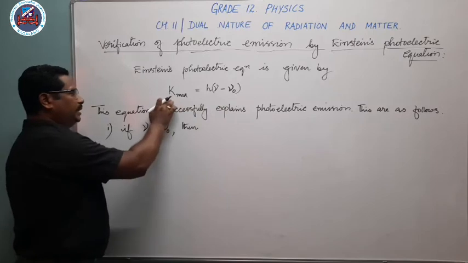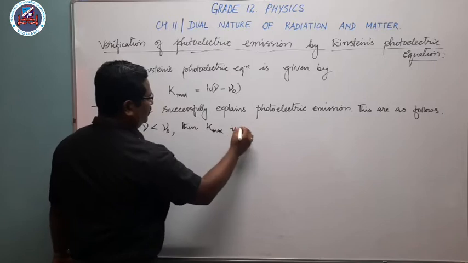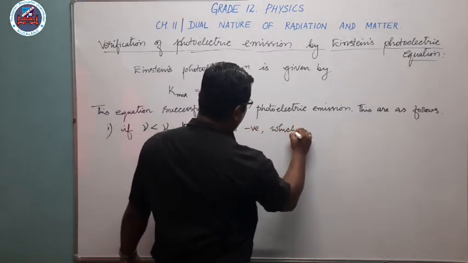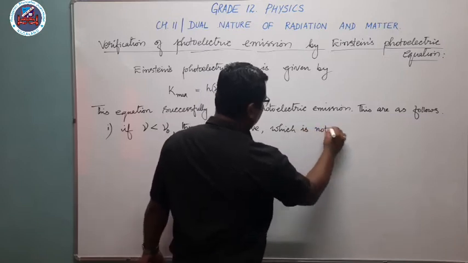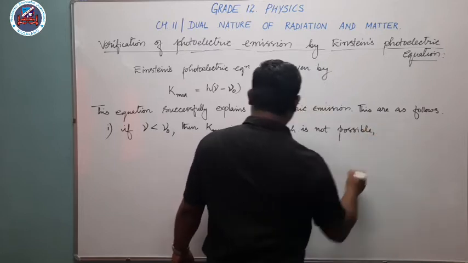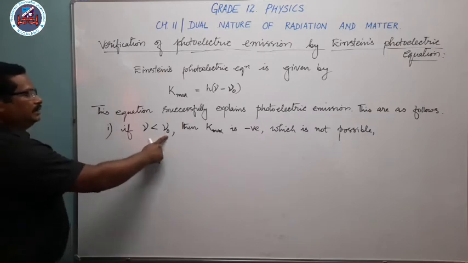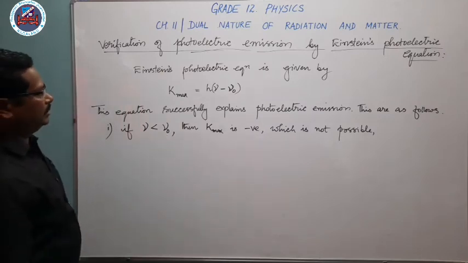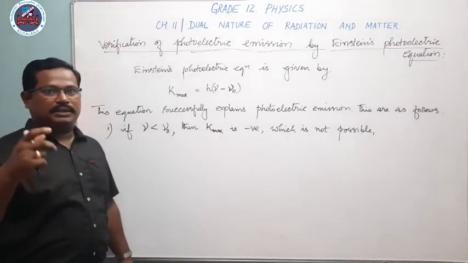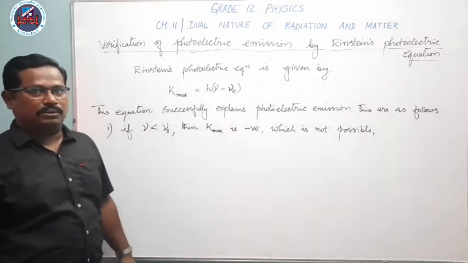That means you will have negative kinetic energy, which is not possible. Therefore, the incident frequency should be higher than the threshold frequency. Then only the photoelectrons will get ejected out.